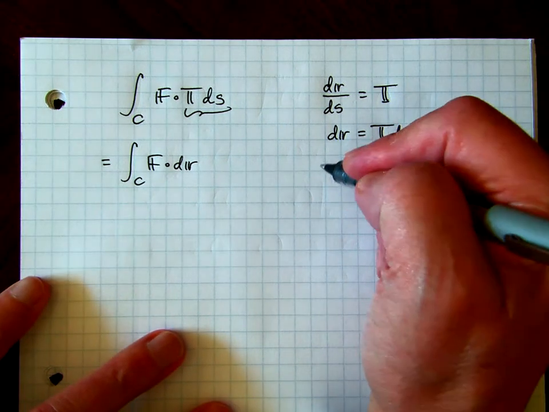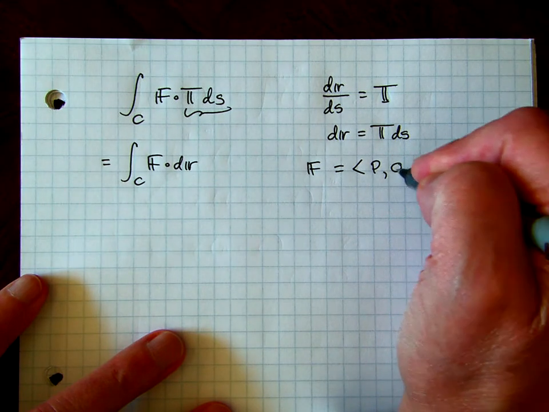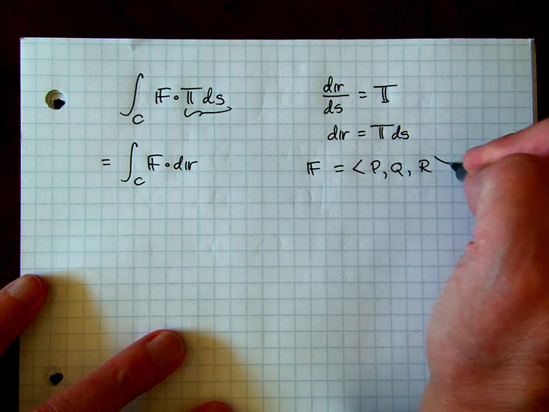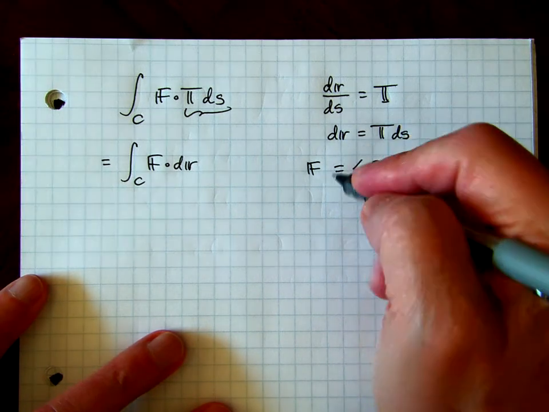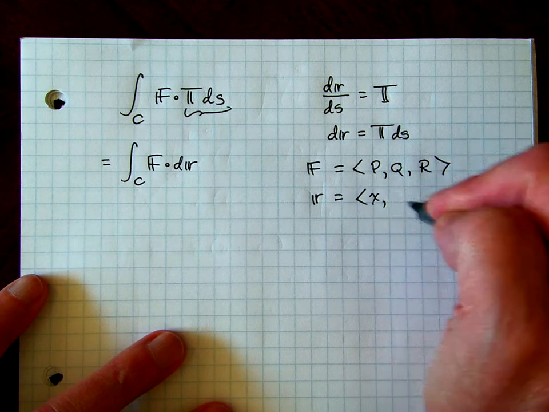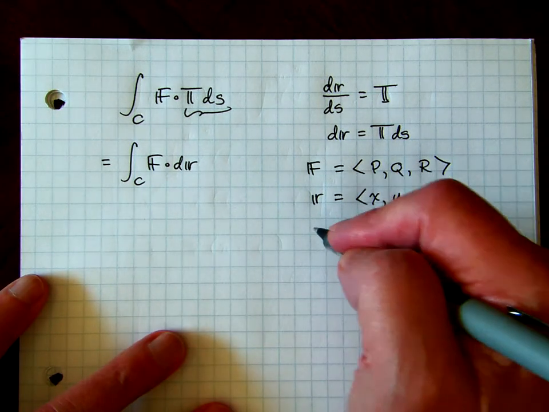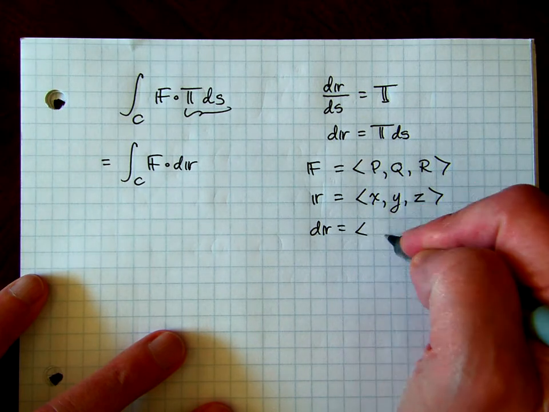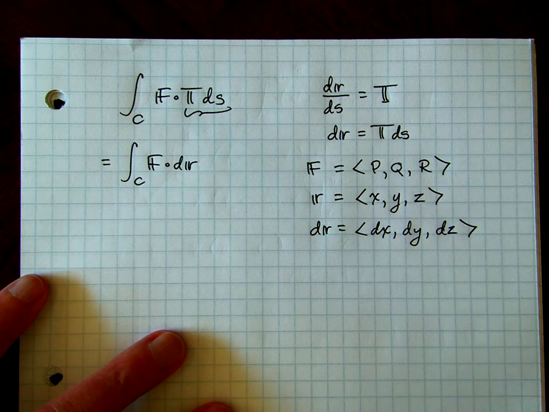And remember, F, if it's a three-dimensional function, is often just called P, Q, and R for its three component functions. And r, of course, which I refused to call x earlier, you may recall, is x, y, z. It's just your position vector, which comes from the parameterization of your curve. And dr will just be dx, dy, dz.